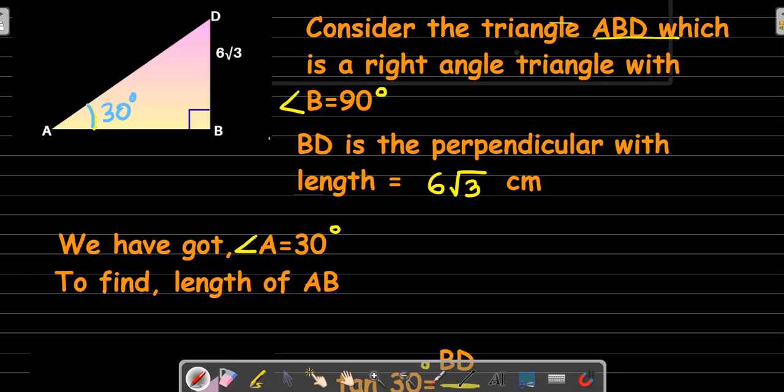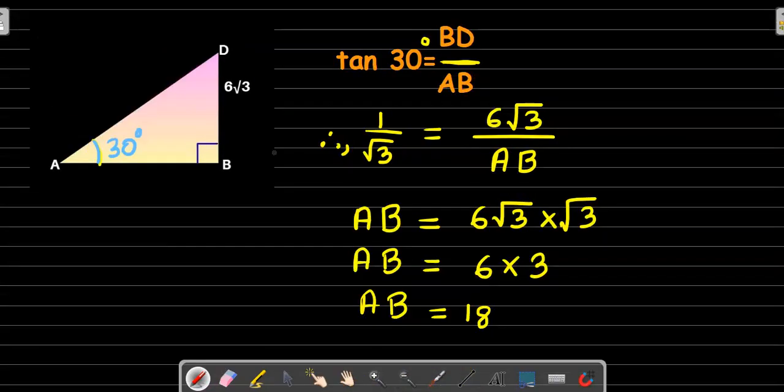Consider the triangle ABD, which is a right angle triangle with angle B equal to 90 degrees. BD is the perpendicular with length 6 root 3 cm. So we have got angle A is equal to 30 degrees. We find the length of AB. So this length we have to find. Here we apply tan 30. So tan 30 is equal to perpendicular by base, where perpendicular is BD and base is AB.